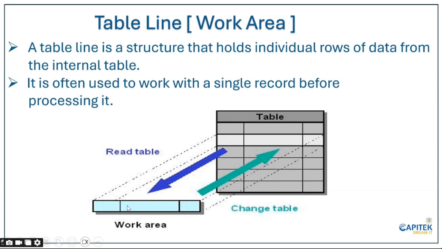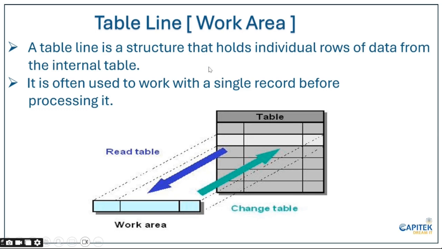A work area will hold only a single record. The internal table will hold multiple records. Every row of this table, you can consider as similar to the work area, or a table line.